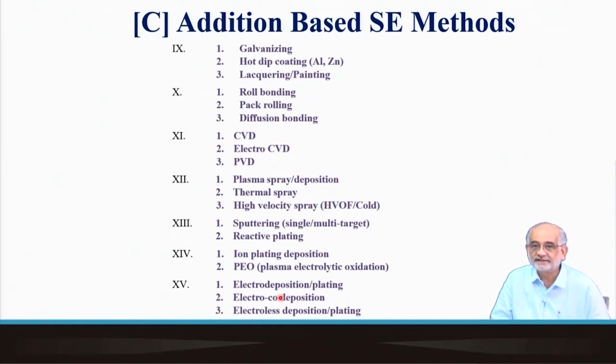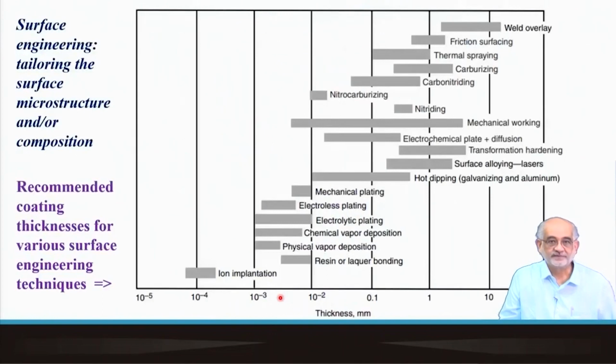You can even go for electroless deposition or plating, which is essentially a chemically activated process, and only a few species can be deposited on the surface without completing the electrolytic circuit of anode, cathode, electrolyte, and electrons flowing in the outer circuit. So that's why it's called the electroless deposition process.